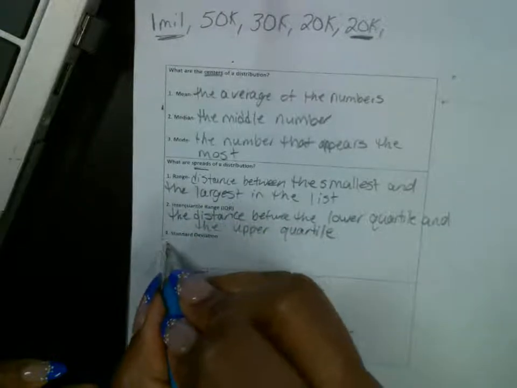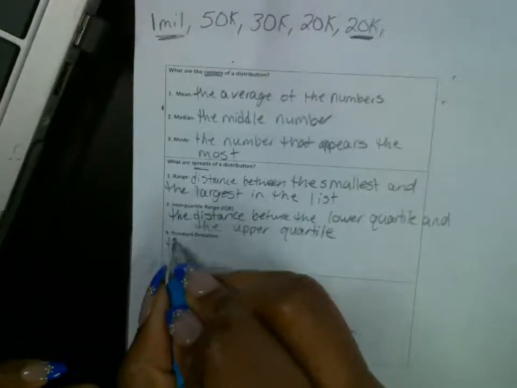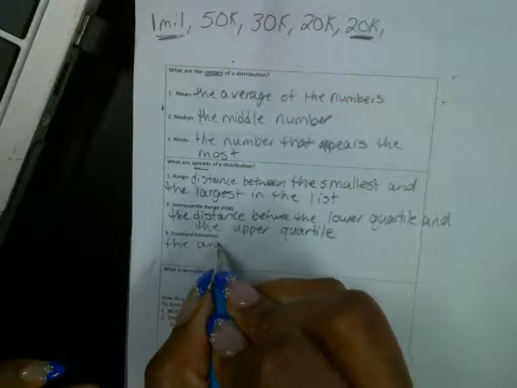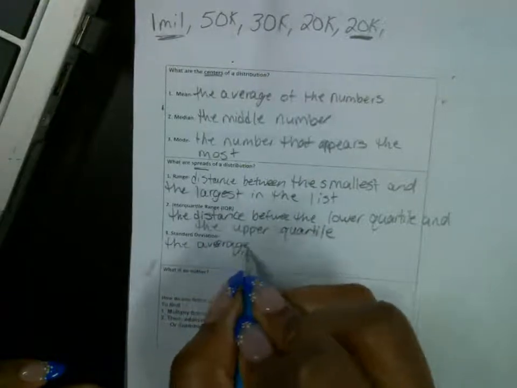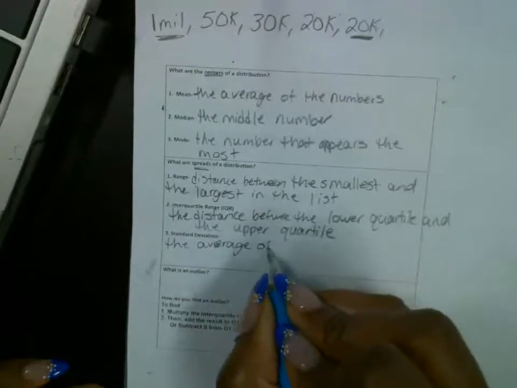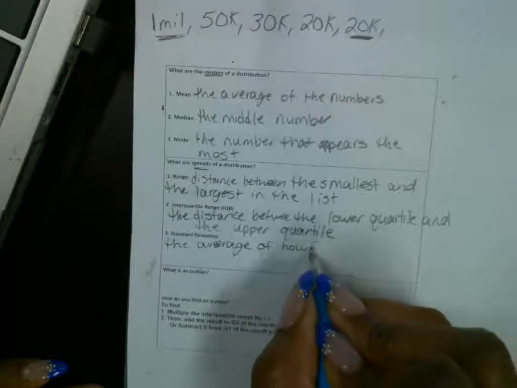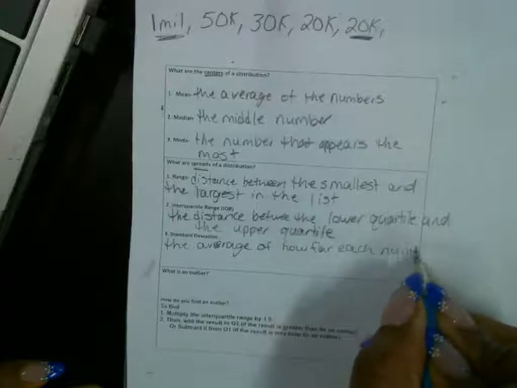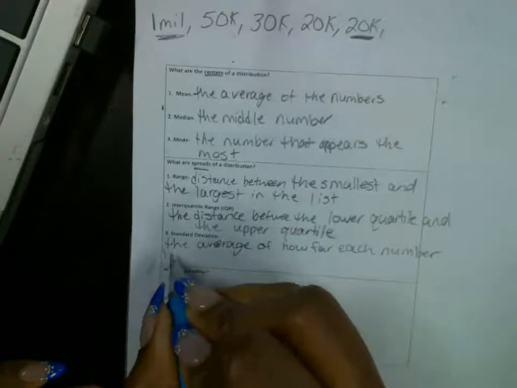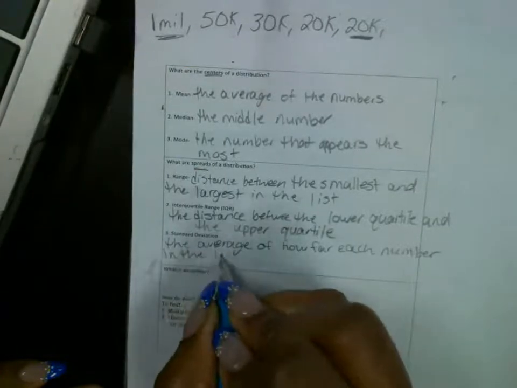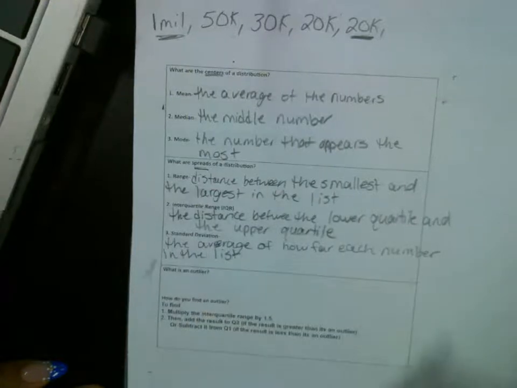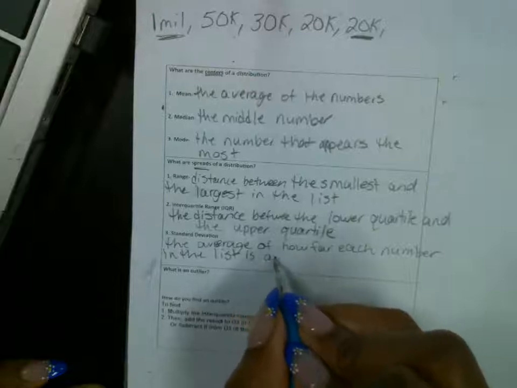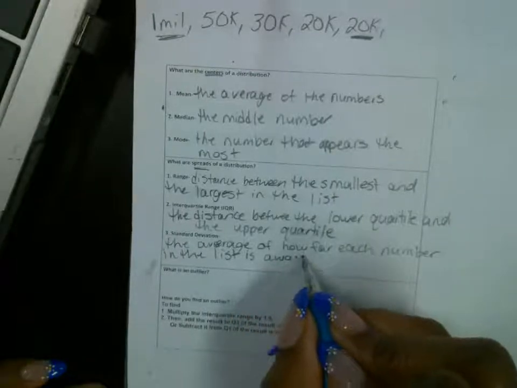The standard deviation is the average of how far each number in the list is away from the mean.